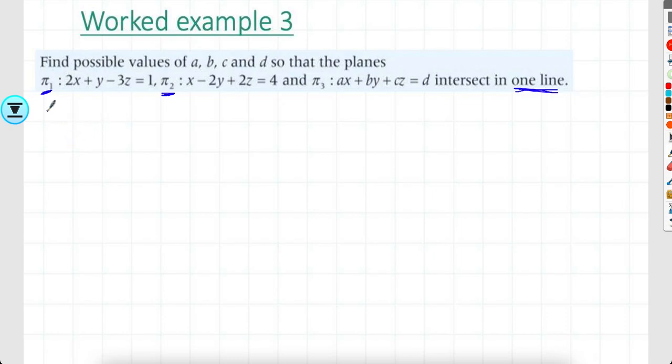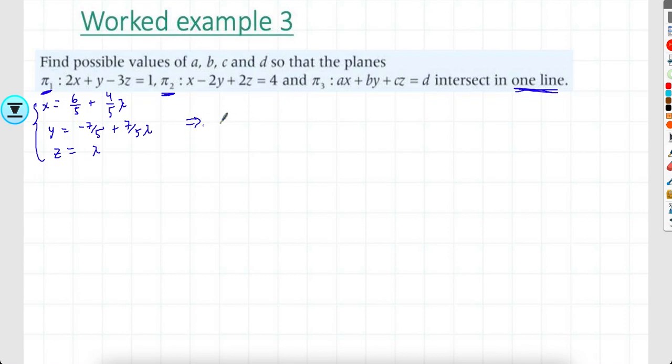And what I've done is I've made z my lambda. So you end up with x equals 6 over 5 plus 4 over 5 lambda, and y equals negative 7 over 5 plus 7 over 5 lambda, and z equals lambda.